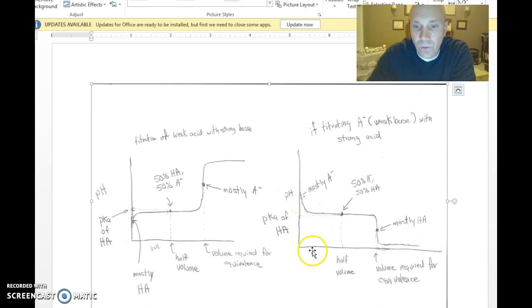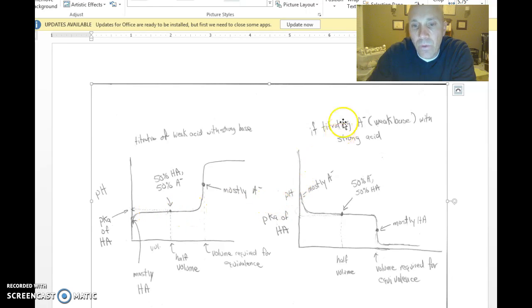Down here, I should have written, this is going to be volume of strong acid added. And you'll notice that since we are adding strong acid, we're going to be lowering the pH over time. So when you do this, you're going to get something very similar. Notice that when we were titrating the weak acid with strong base, we had this relatively flat region, which we called the buffer region.